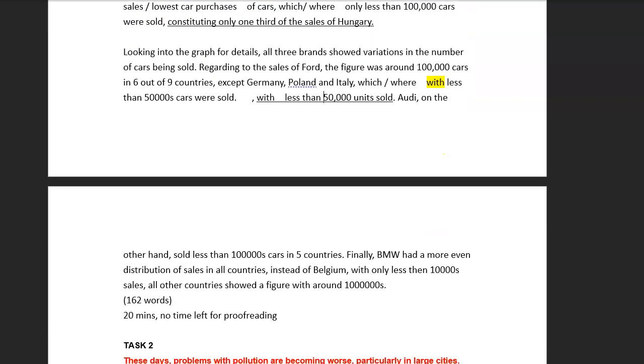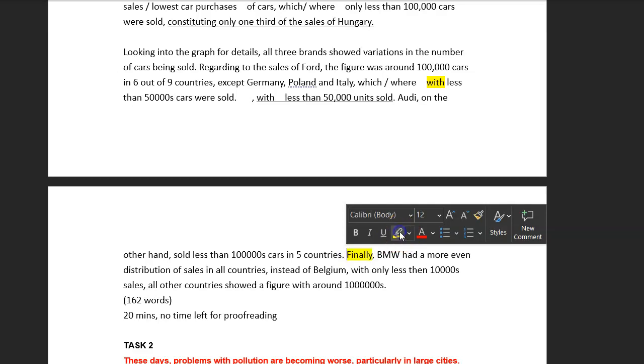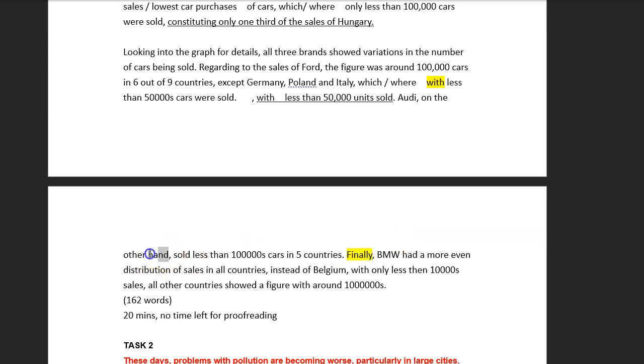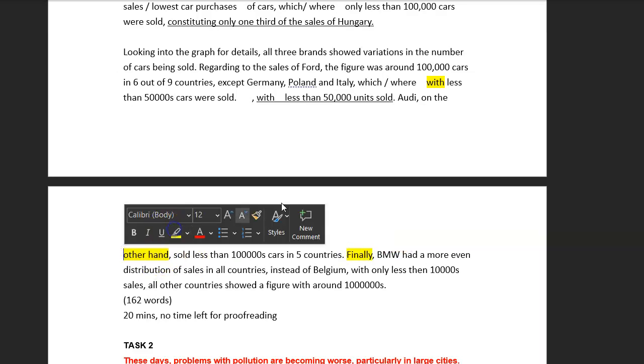Audi, on the other hand, sold less than, or in 5 countries, Audi were less purchased or were purchased less often. Finally, BMW had, don't use finally, sorry. Avoid using finally and on the other hand, because those are really what we use in task 2, not task 1.